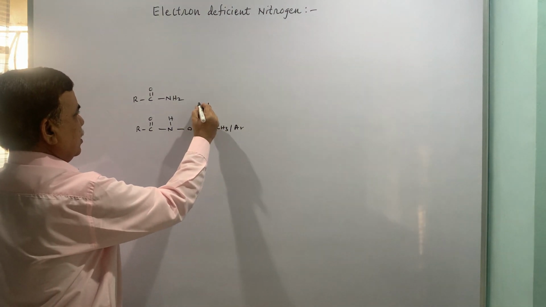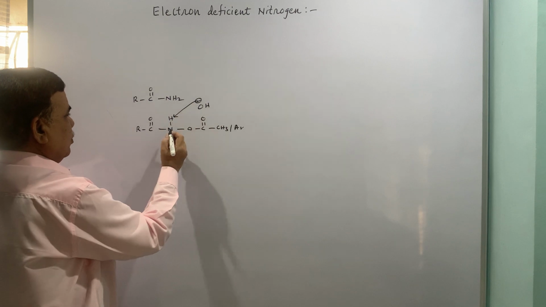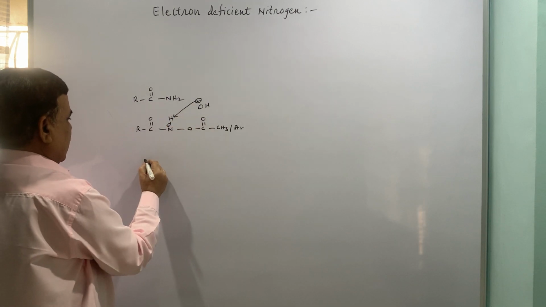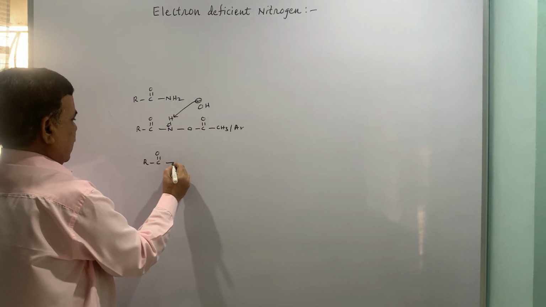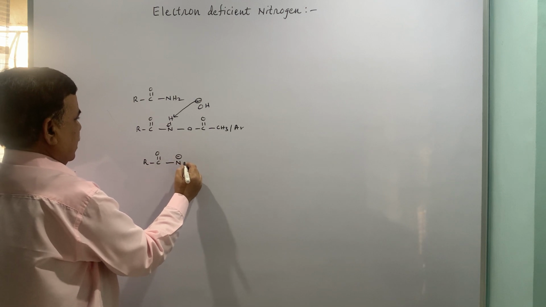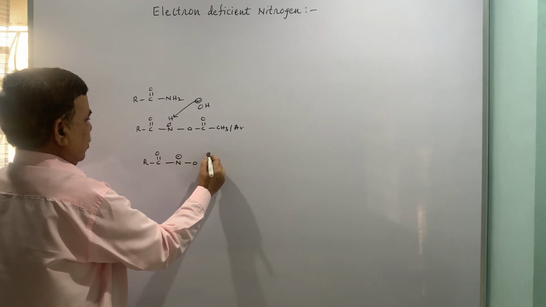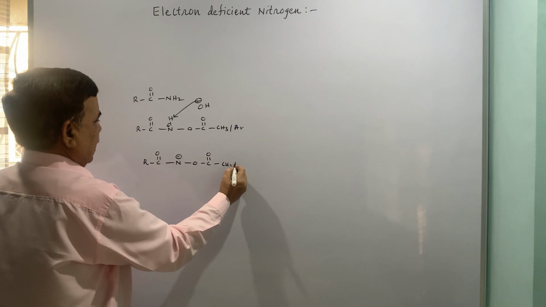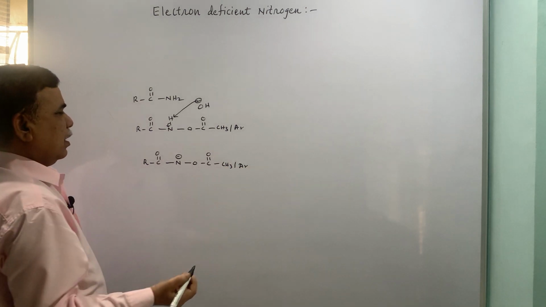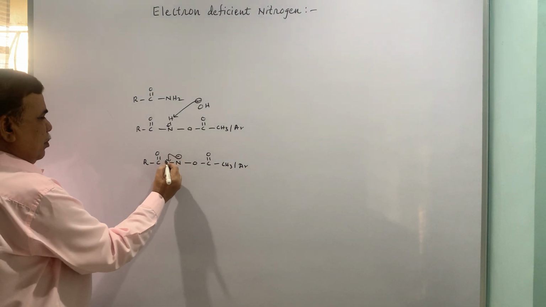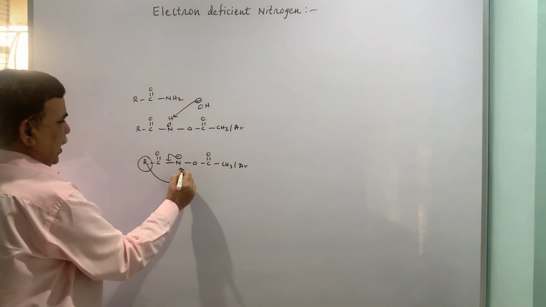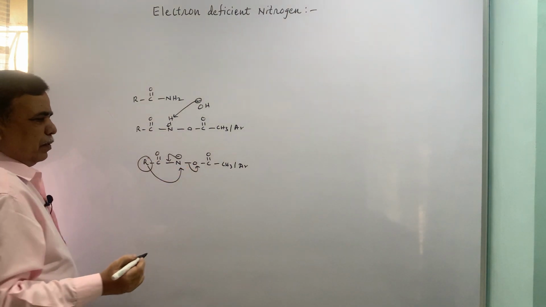Now OH minus, the role is very clear. This proton is acidic, which is abstracted, and now we have N minus, and this entire group, whether it is alkyl or aryl, both are good leaving groups. This comes back, R migrates here, this goes off.